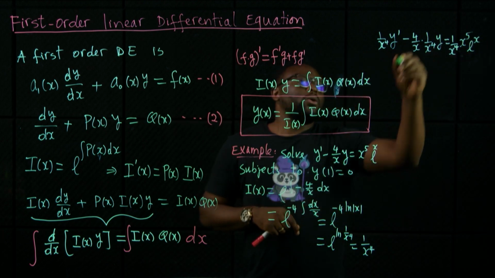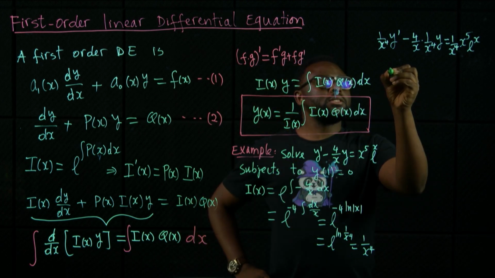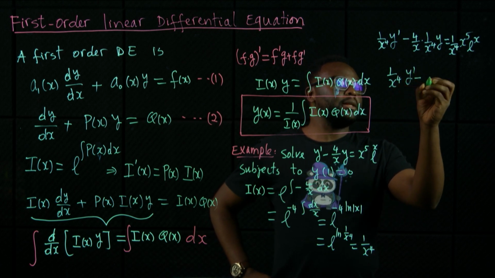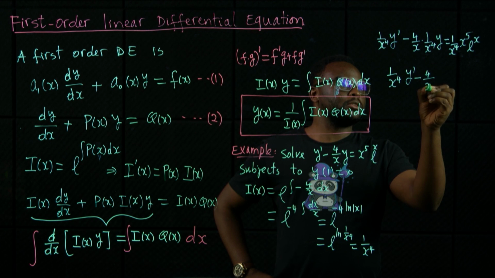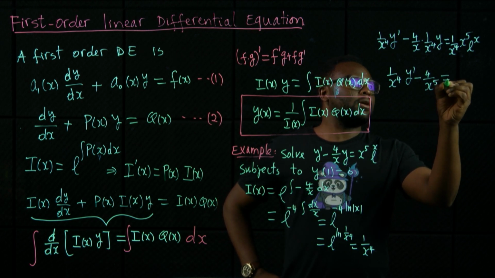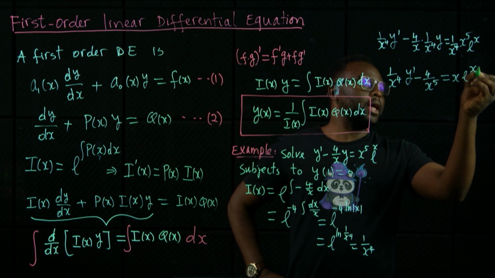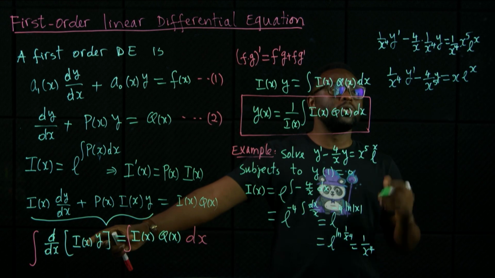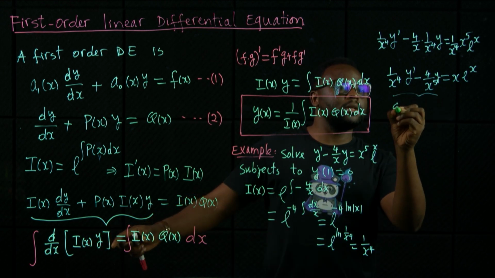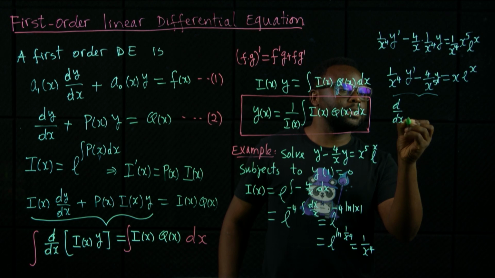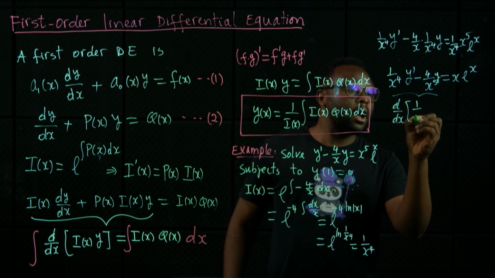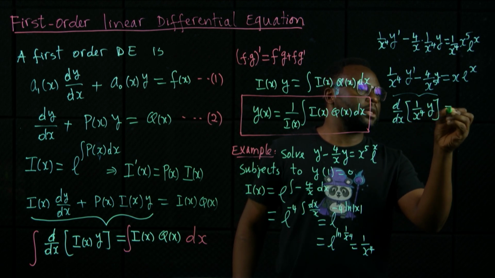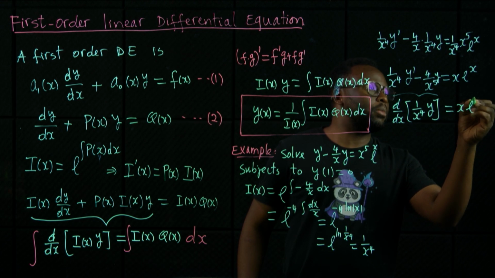We can simplify this as 1 over x to the power 4 times y prime minus 4 over x to the power 5 times y, equal to x times e to the power x. Using the product rule, this left part is the derivative with respect to x of 1 over x to the power 4 times y, equal to x times e to the power x.